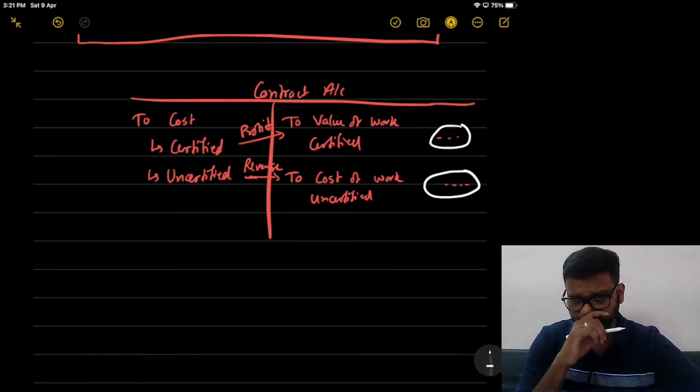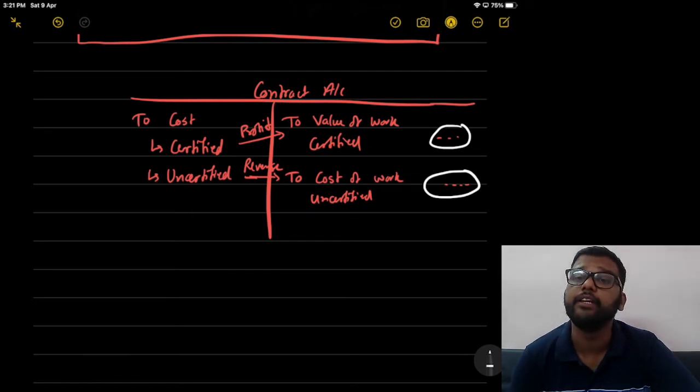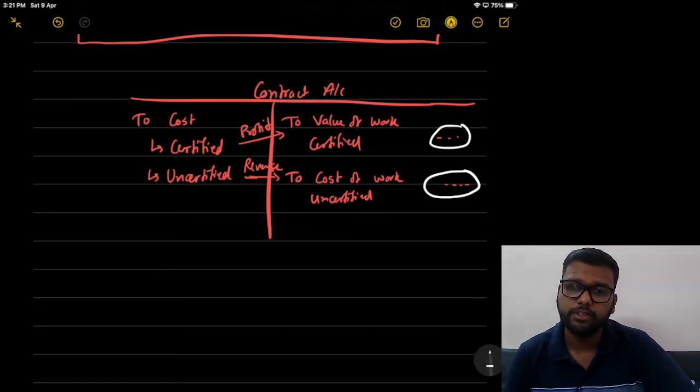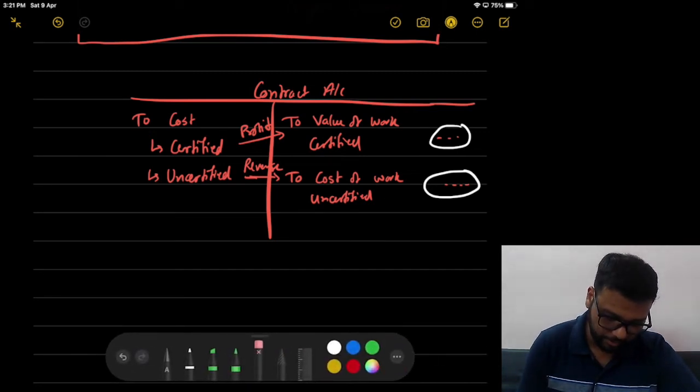Why asset side? It is like our sale. How do we pass the entry of sale? What account debit to sales account? It should be by, sorry. What account debit to sales account?